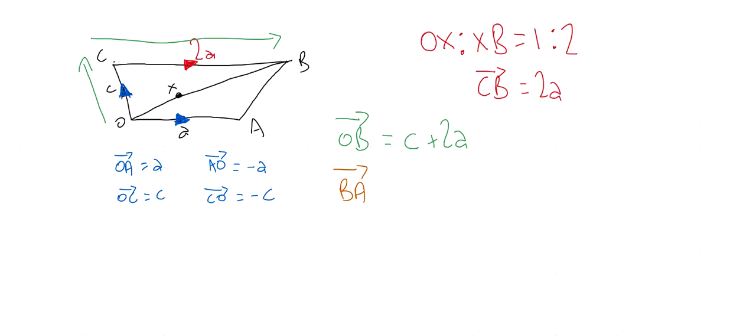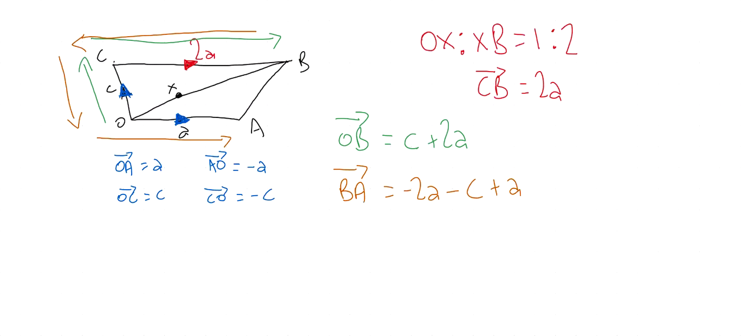So I annoyingly need to go all the way around the shape in this direction, right? Because these are the lines that I do know. So I'm going to take this path in this direction, which is negative 2A. I'm going to take this path in this direction, which is minus C, and I'm going to take this. Oh, no, this one's plus A, right? I'm going in the right direction for this one.